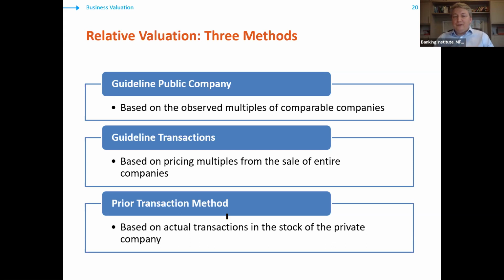But if we have private transactions with other companies, when we can collect information about mergers and acquisitions on our market with companies like our company, then for those transactions, the drivers behind value of those companies are the same. All drivers and restrictions are the same as for our company because they are private as well.